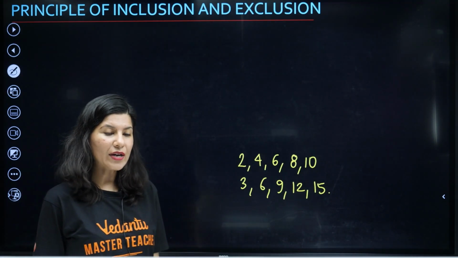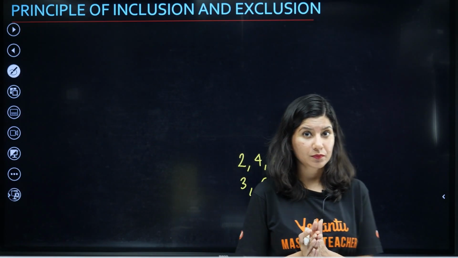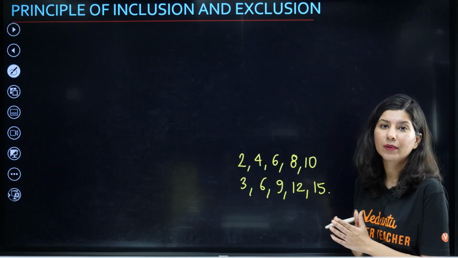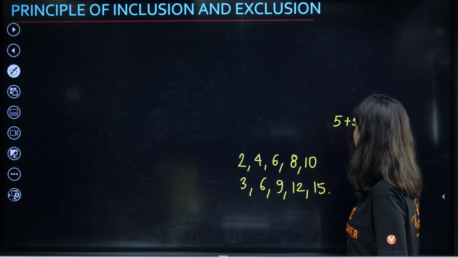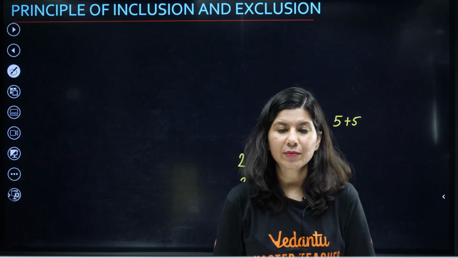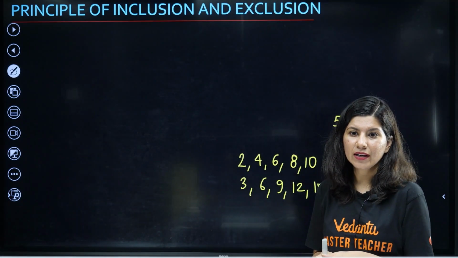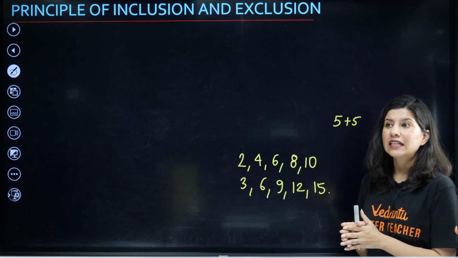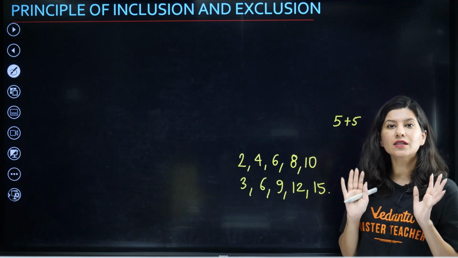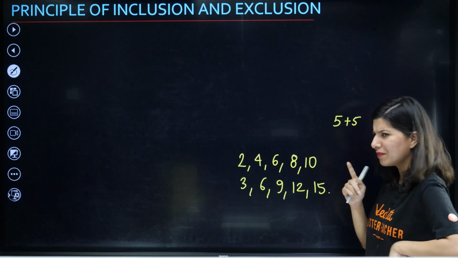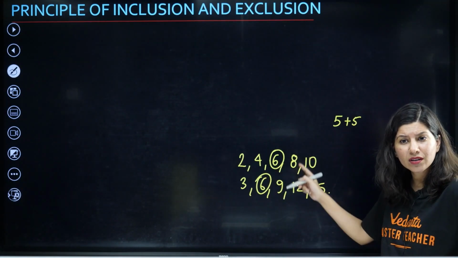Now I just want you to tell me the total number. The total can be 5 plus 5, because there is a set of numbers with the first 5 even natural numbers and the first 5 multiples of 3. So you'll say, okay ma'am, 5 plus 5. But wait a minute. Can you see that 6 is coming in both the sets?